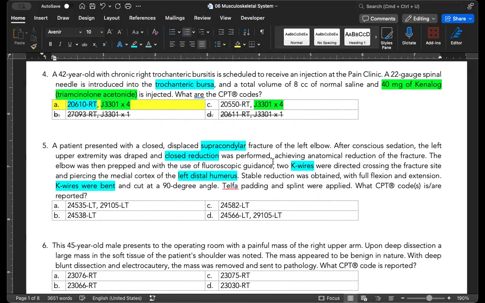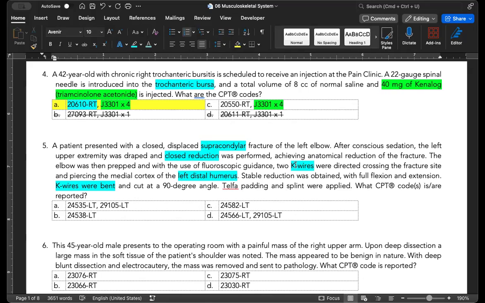When you see that supply or type of procedure that's done, that means that we're doing a percutaneous fixation. So yes, we had a closed reduction, but we also had percutaneous. So that percutaneous, we need to go look at that code description and see what all it includes.